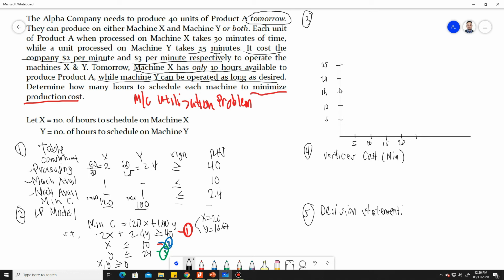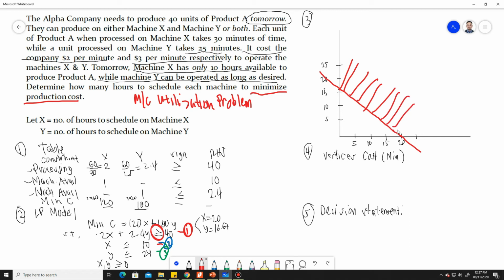So y niya, probably nandito siya. No, yung x niya is 20 nandito yan. So i-ano natin yung line. So yan yung una nating line. Next, yung ating second line. And then, by the way, yung ating sign is greater than or equal. The shading is above the line, di ba? Shade is above the line.